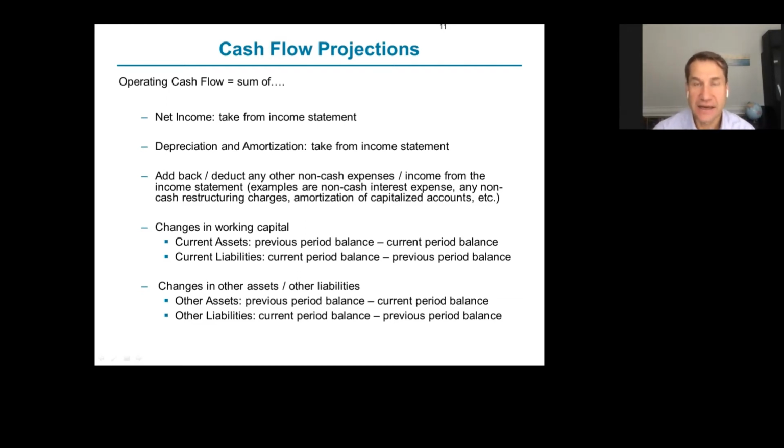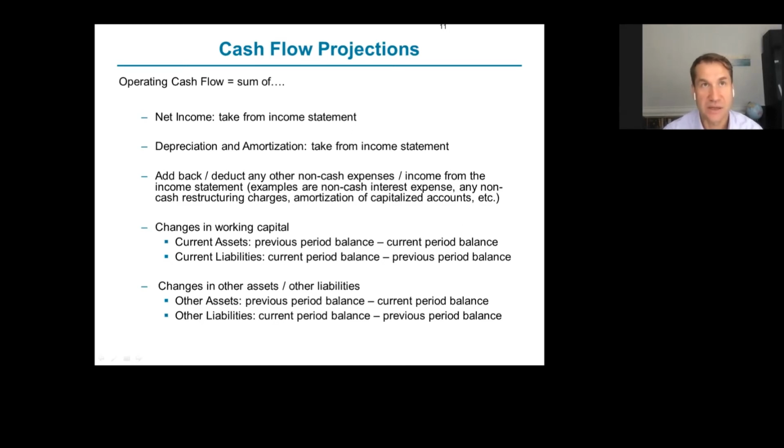And then the second part, getting to operating cash flow, is changes in net working capital. That's fairly important and detailed work that we will do. And what's important here is to understand this concept, and this applies to any item on the cash flow statement: if a balance sheet item goes up in value from one time to the other, then an increase in that asset is actually a decline in cash.